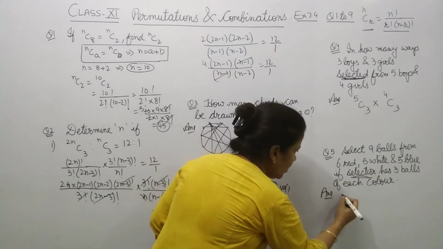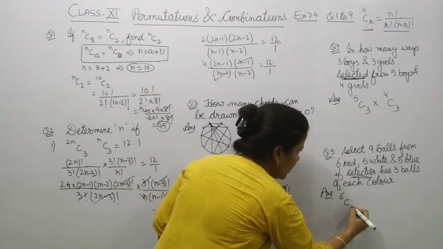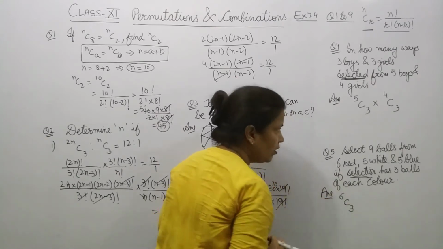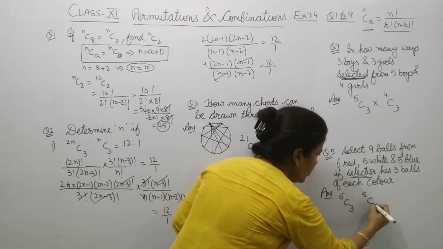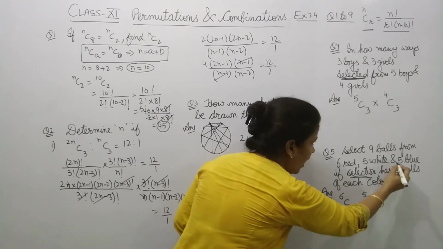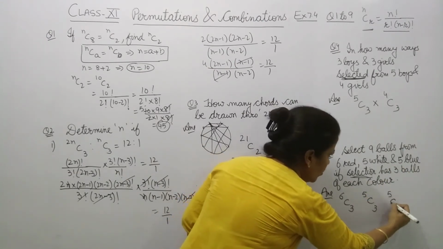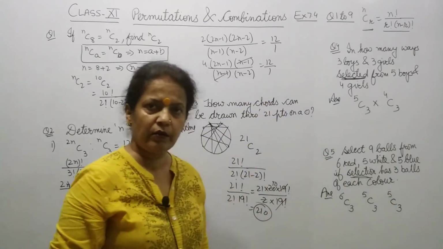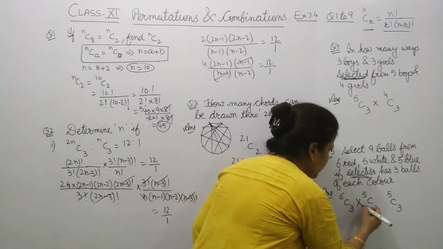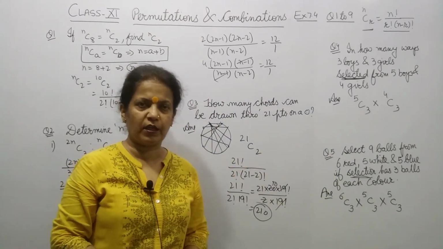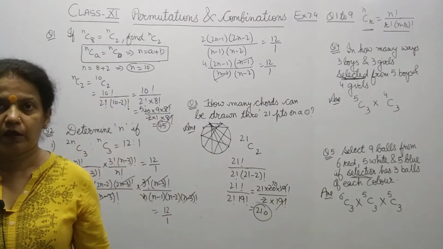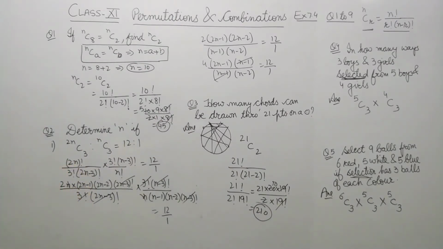Out of 6 red, we are selecting 3 red balls. Out of 5 white, again we are selecting 3. And out of 5 blue, we are selecting 3. Now multiply them together. You have to write the proper statement along with it. Now, come to question number 6.